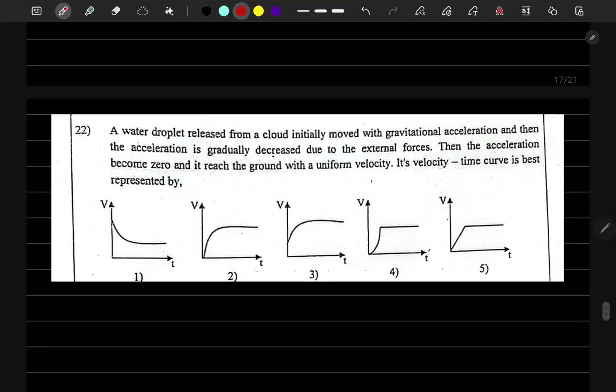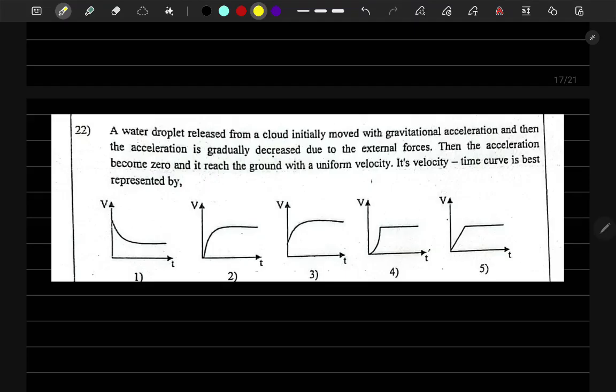Question number 22. Now in question number 22, they are releasing a water droplet from a cloud that initially moved with gravitational acceleration, and then the acceleration gradually decreased due to external forces.